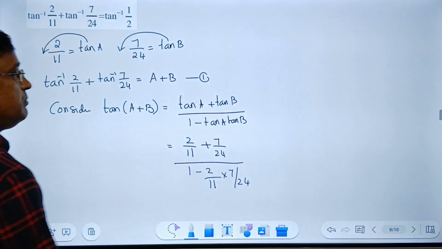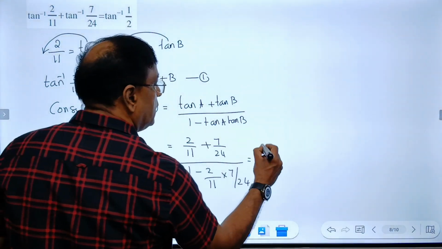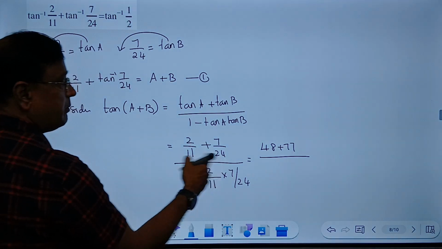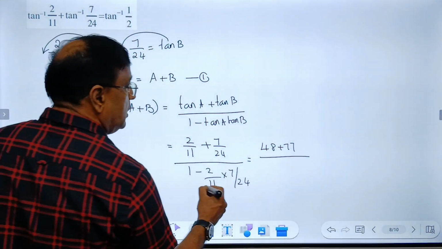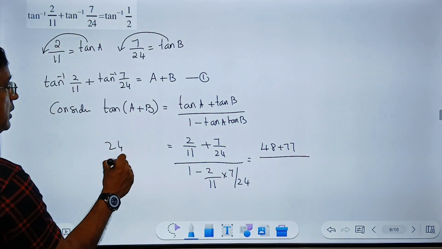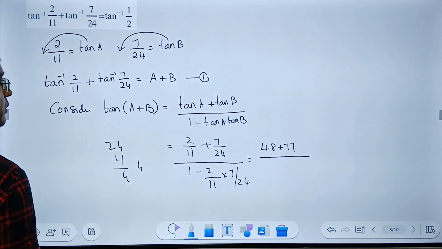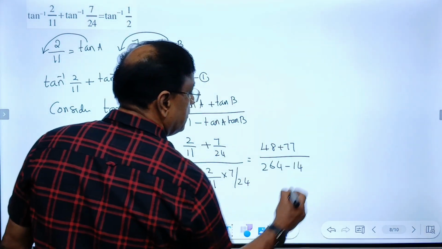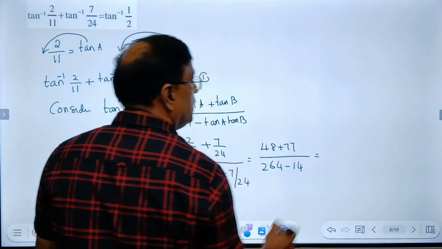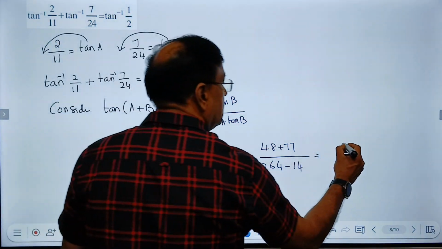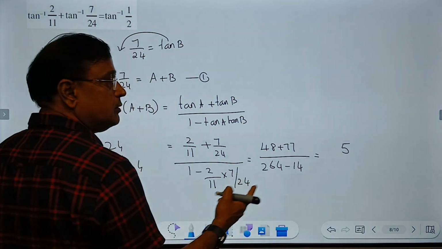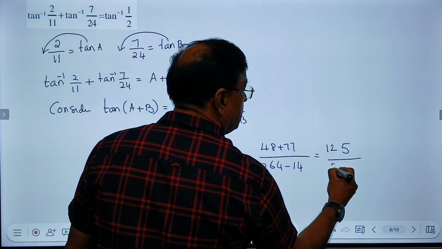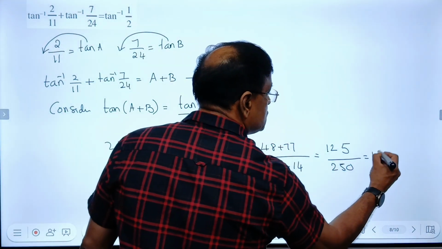If you take LCM, you get 48 plus 77 divided by, I'm cancelling, 11 into 24, which is 264 minus 14. So what is this? It is 125 divided by 250, which happens to be 1 by 2.